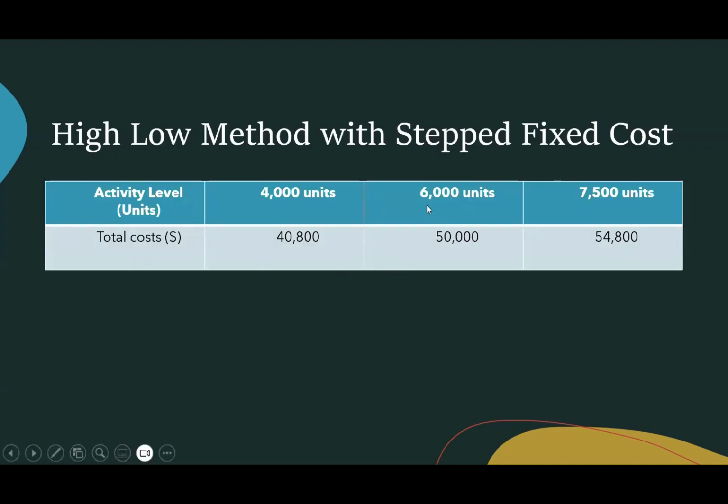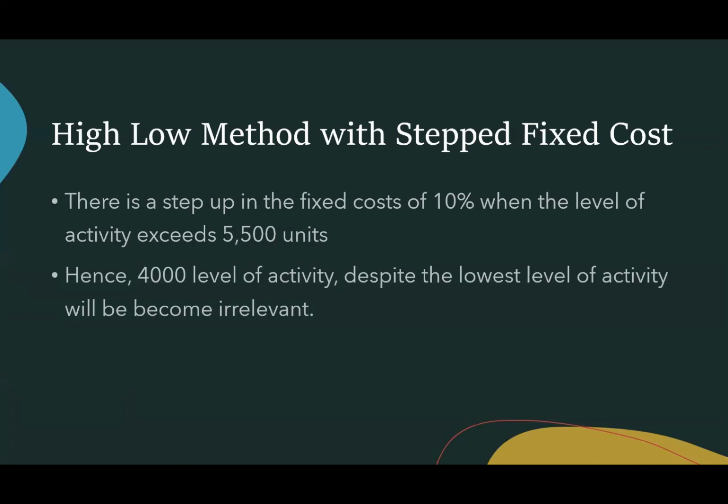So if I go back, you see 5,500. So this level and this level qualifies. This one does not have any step up in the fixed cost because it didn't exceed 5,500. Hence, the 4,000 level of activity, despite being the lowest level of activity, will become irrelevant.